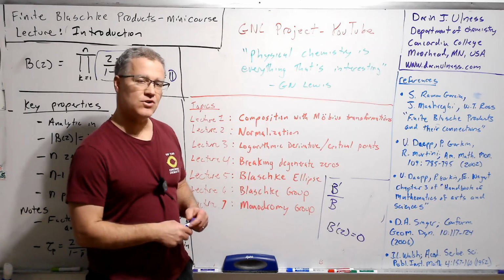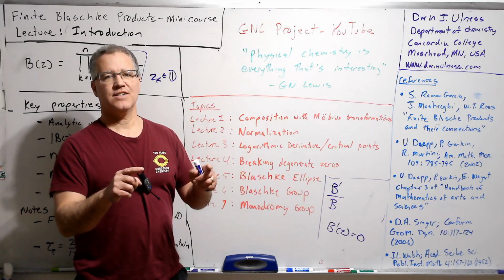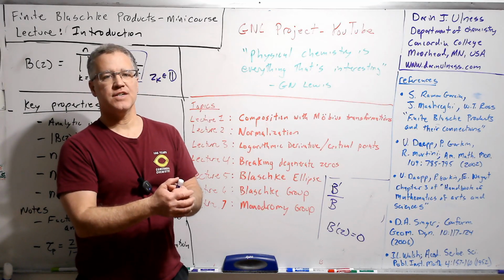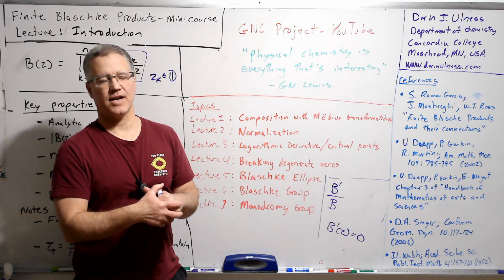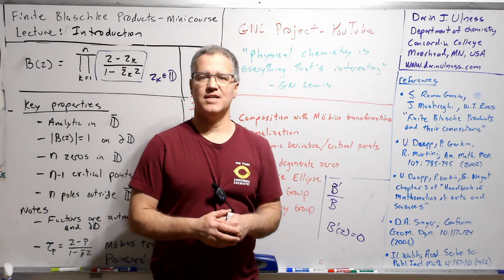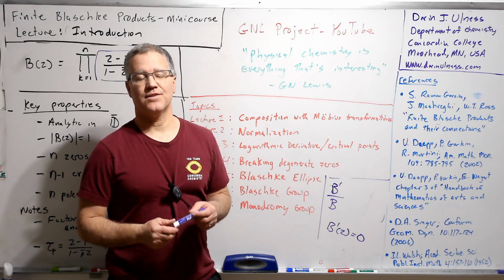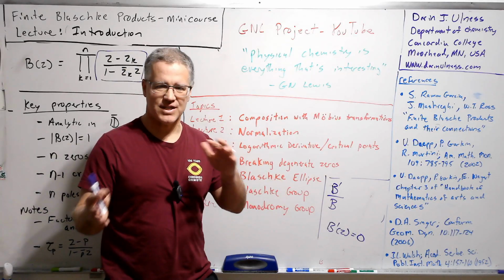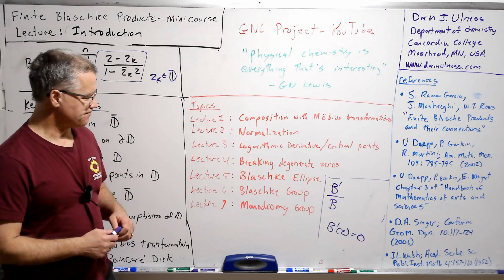And what's really cool is that if you do Euclidean geometry in the disk, then out rises this Euclidean ellipse with the focal points being the zeros of the Blaschke product. However, if you do hyperbolic geometry in the disk, then out rises a hyperbolic ellipse with the foci being the critical points. So there's this really interesting Euclidean to hyperbolic geometry situation.